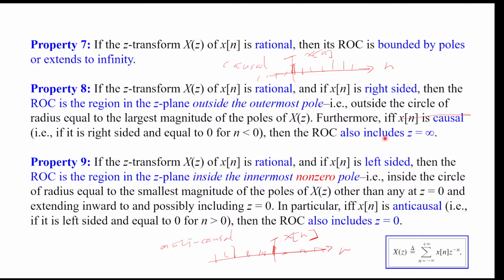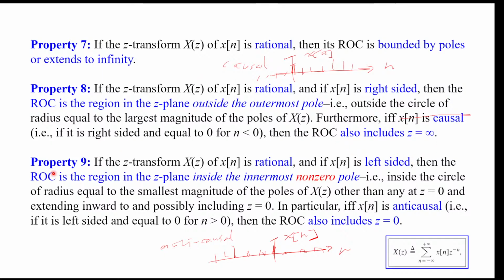What we actually mean is that if the signal is the impulse response of some system, then that system is causal. Anyway, that's the condition for the ROC also including infinity.